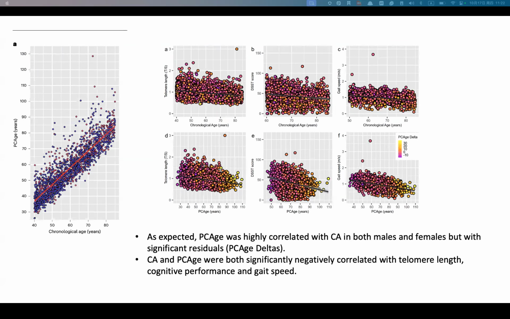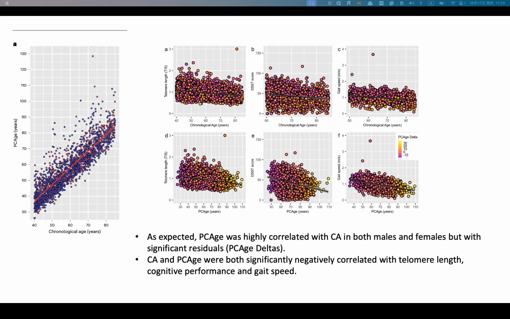So the next is the results of this paper. And it's all figures, and I think the figures are very beautiful. First you can see the left picture. As expected, PC age was highly correlated with CA in both males and females, but with very large residuals.